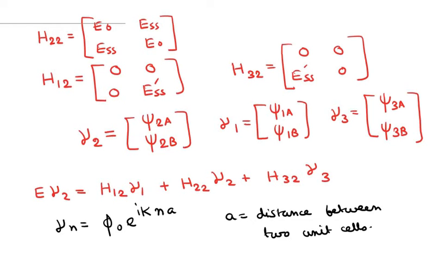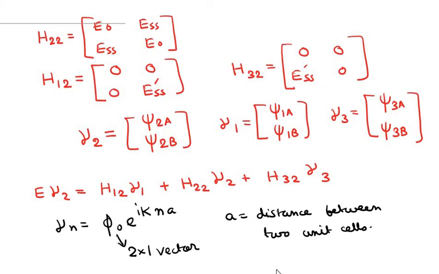Now one thing I would like to state here is that this phi 0 over here is also a matrix, a 2 cross 1 matrix. Just don't confuse that this is a number, but this is actually a vector. So this is a 2 cross 1 vector.